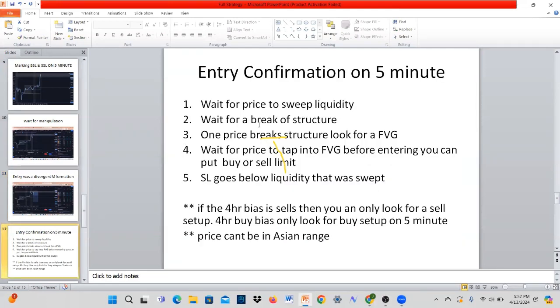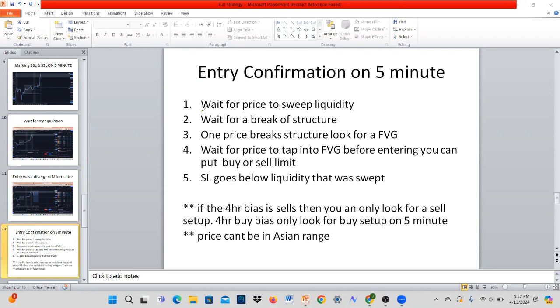All right, so to get more in depth into the entry confirmation, you guys could take a screenshot of this. So the entry confirmation on 5-minute, what I would like to happen, right? For an A+ setup, you want to mark your buy side liquidity and sell side liquidity.